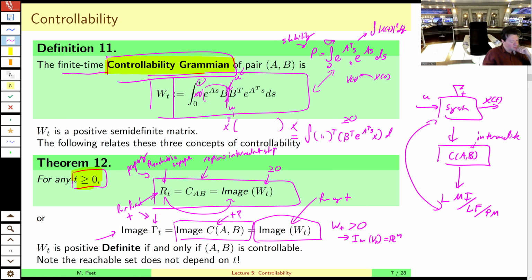That's a very powerful result, which says that the controllability or the reachability of a state doesn't depend on how much time you're allowing to get there. If you can get there arbitrarily fast, it doesn't matter. The reachable set does not depend on t. And so that's a very important result.